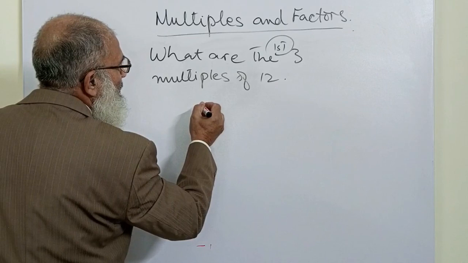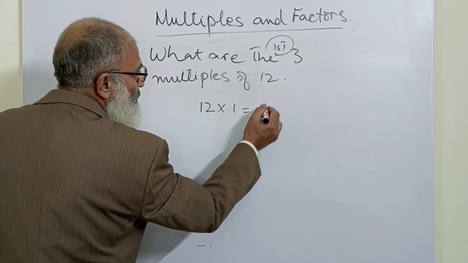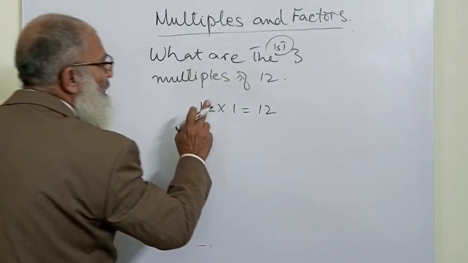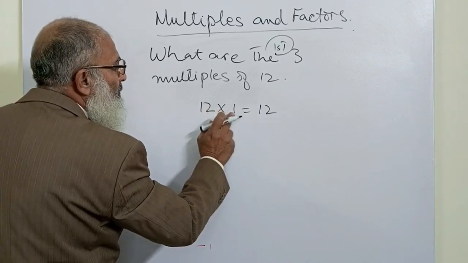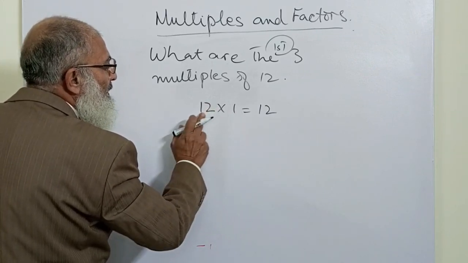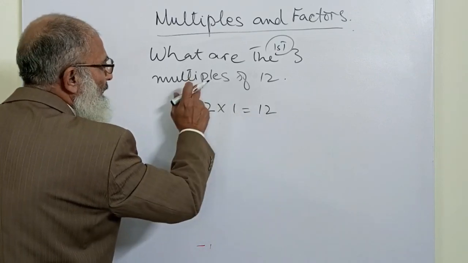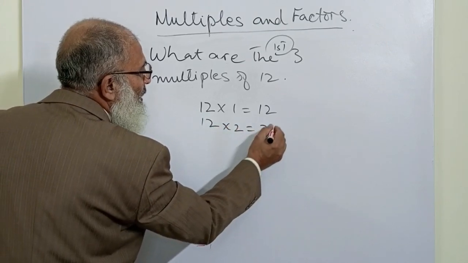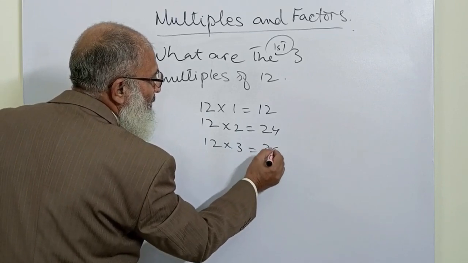Then 12 times 1 is equal to 12. Same thing what I did in my example. So what I am doing is I am multiplying the same number with 1 to get the first multiple. Now the second multiple, and finally the third multiple.